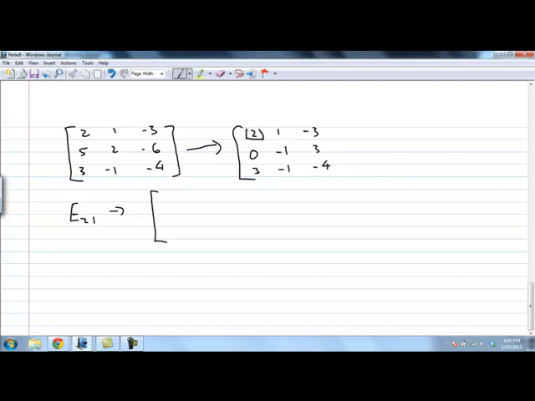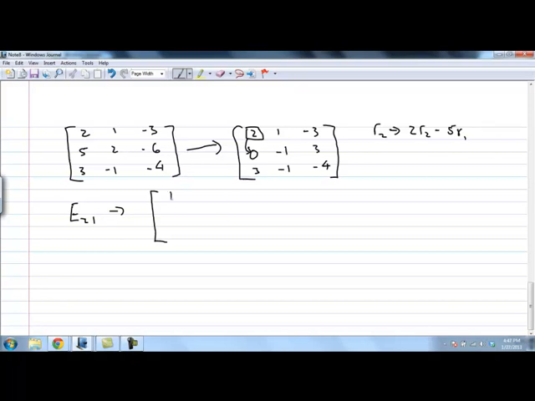This pivot eliminated this position. We did this by forming a new row 2 that consisted of twice row 2 minus 5 times row 1.